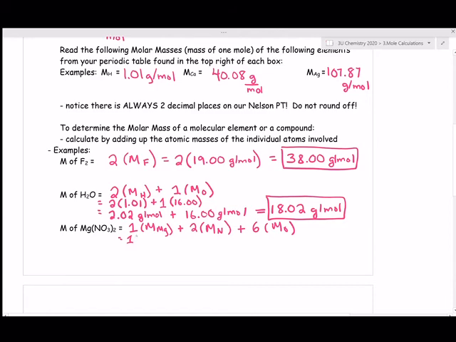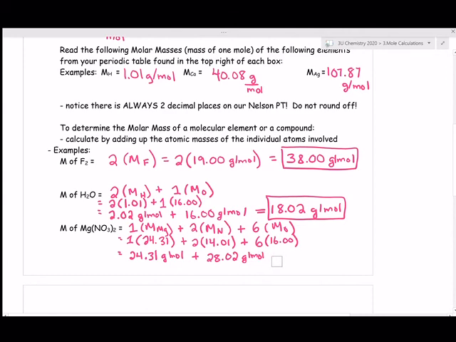Okay, so then we'll fill these in. Magnesium, top right corner, is 24.31. Nitrogen is 14.01. And then we'll be needing 6 oxygen, which is 16. Okay, so then we'll expand these. And I'll put some units in. So 28.02.